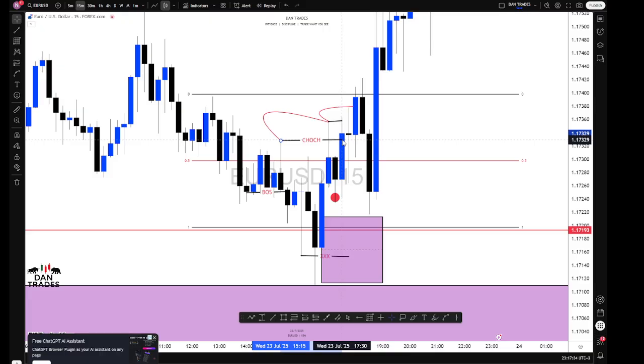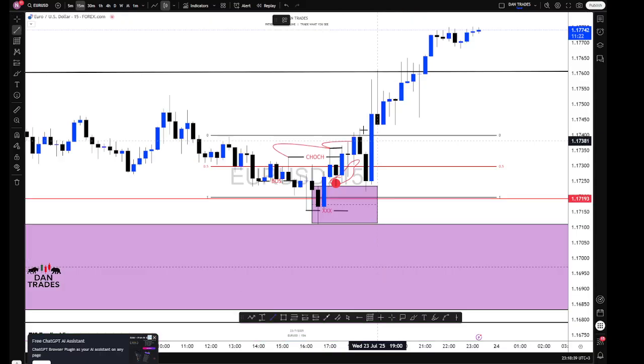So this point of interest we've marked here, it's a valid point of interest there. So you could have entered there after all this liquidity has been taken out like that. So after this liquidity has been taken out, again, you can see you've entered a buy from this area. Again, we have an internal, small break of structure there.